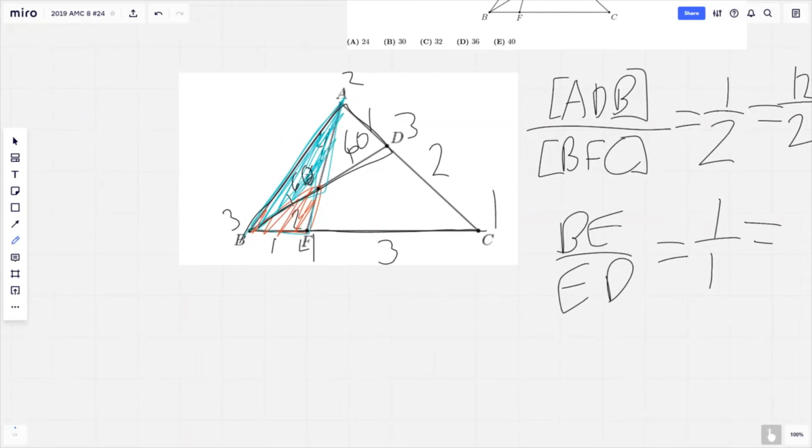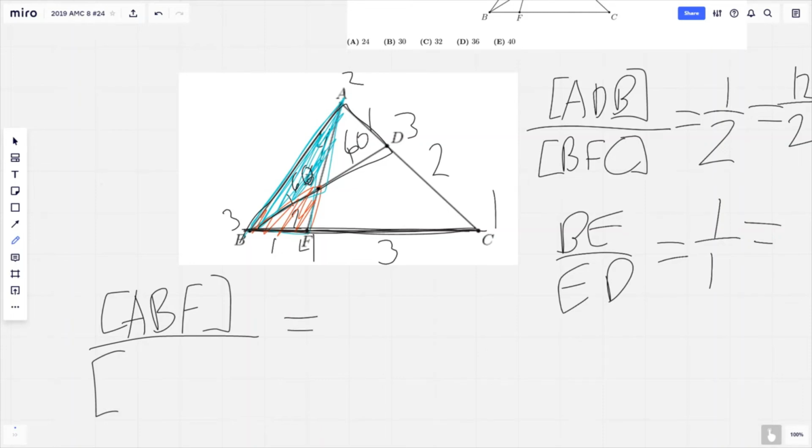Now what we can do is we can find the area of triangle ABF. And while it is in a ratio of 1 to 3 with BF to FC, it's also in a ratio of 1 to 4 with the entire side length. So what we can do is we can say it's in a ratio of 1 to 4 with this entire segment BC rather than comparing it to FC.